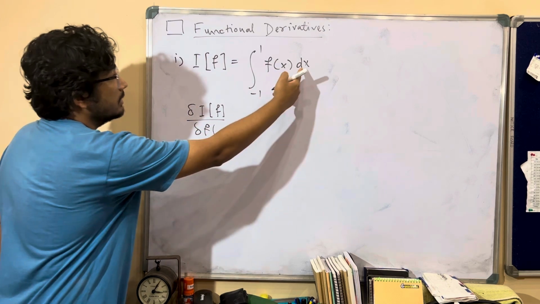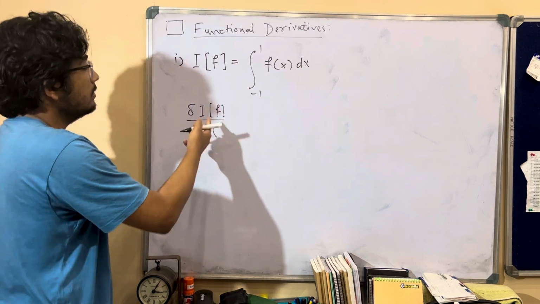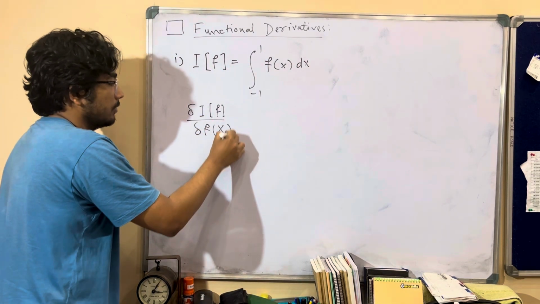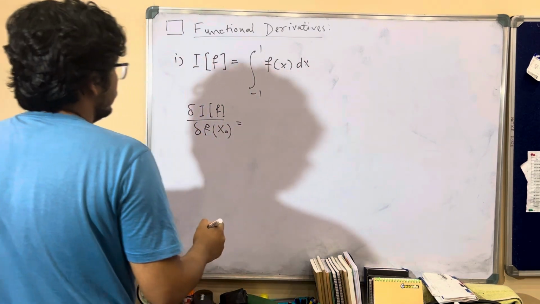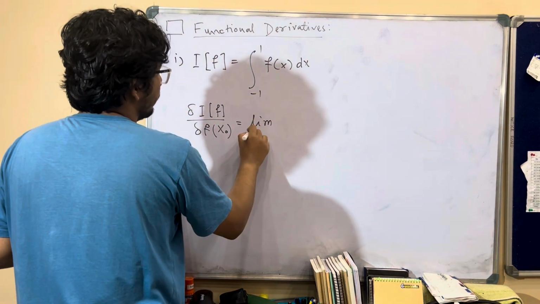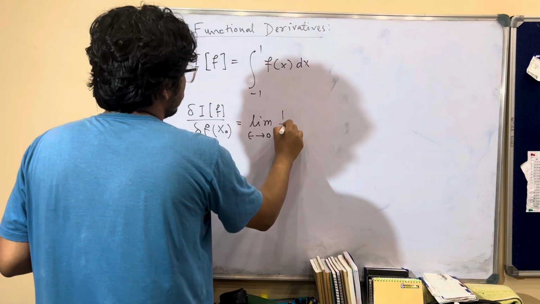So the variable here is x, and we are finding the functional derivative at some point, suppose x naught. According to the definition, I'm going to write down the expression.